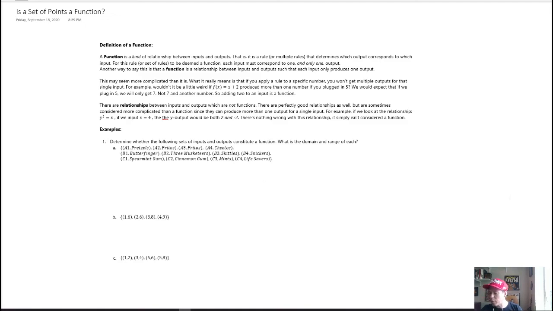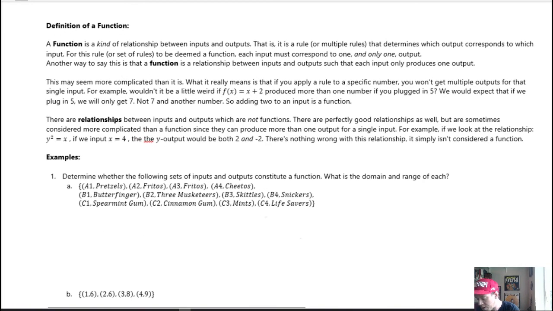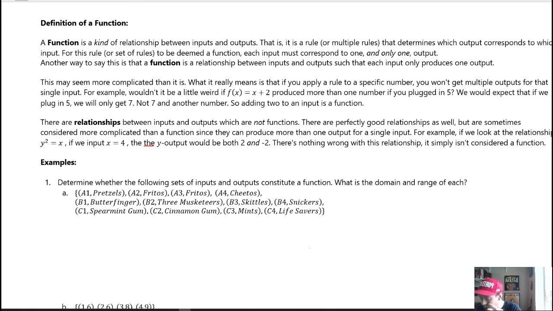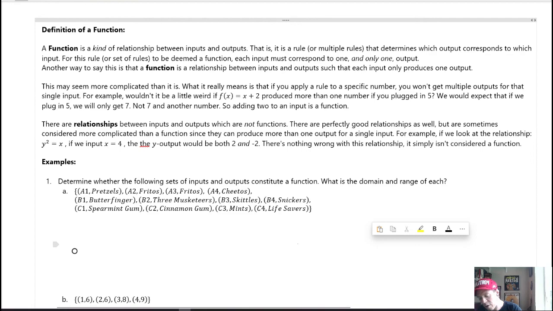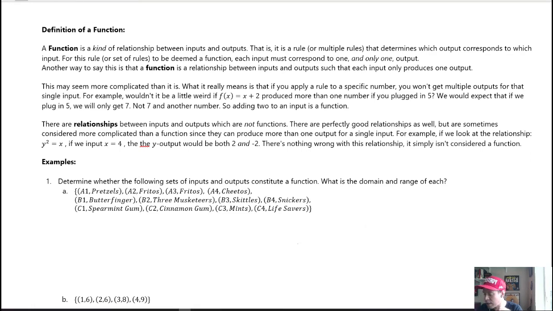We're going to use some examples where we determine whether a set of points actually constitutes a function or not. And in order to really understand how to even approach that question, we really need to just go over the formal definition of a function. So let's read this and maybe add a little bit to it as we go here. A function is a kind of relationship between inputs and outputs.